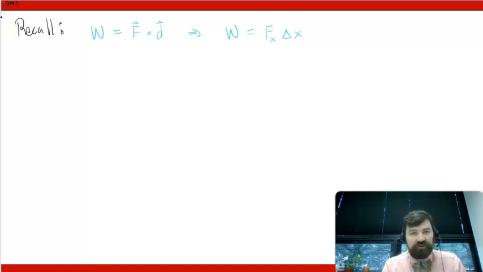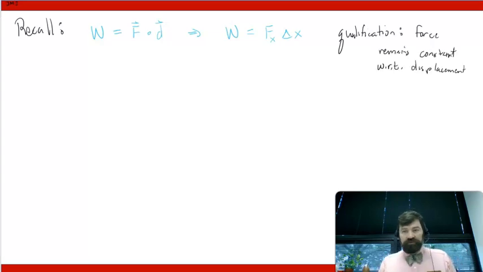We maybe had some qualifications added to it that this could be the work done by a given force. It could also be the net amount of work if you take this force to be the net force. But the other major qualification to this is that this requires a constant amount of force. Or more appropriately, the force remains constant relative to the displacement.